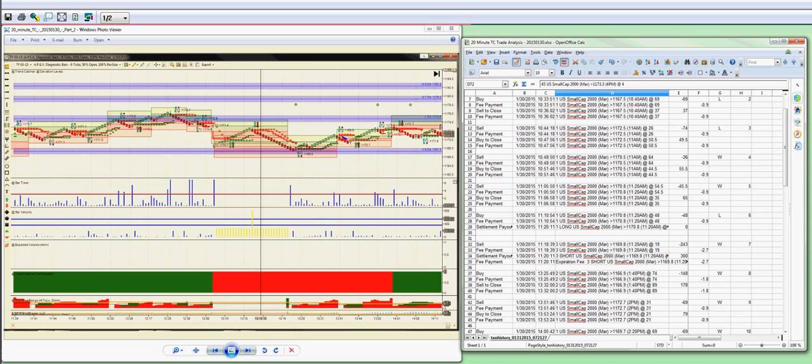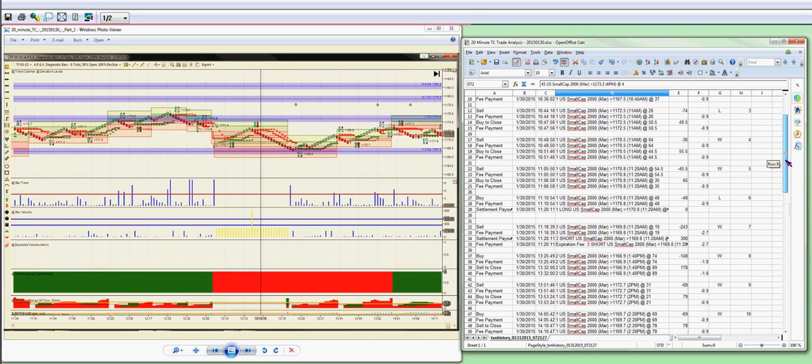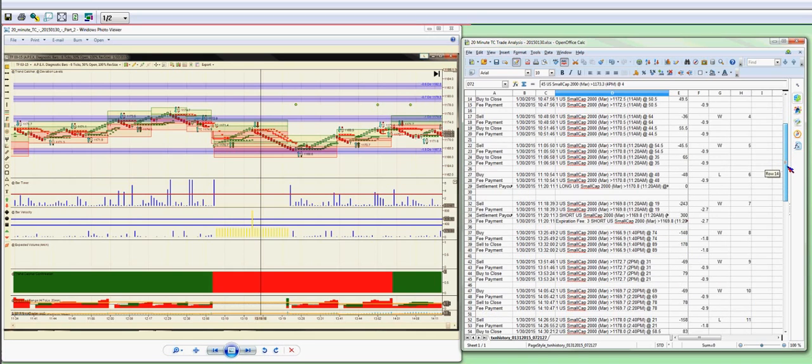Okay, then the next trade he took was this one. Let's see, 1350 or so. I got to see what he was thinking on that one. Let's see, 1351.